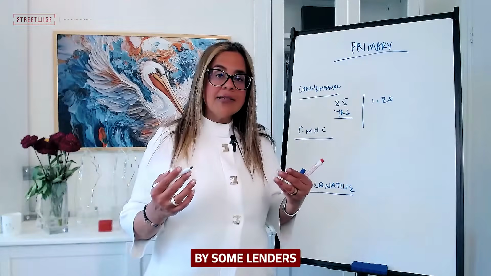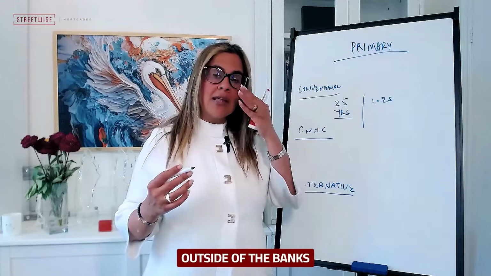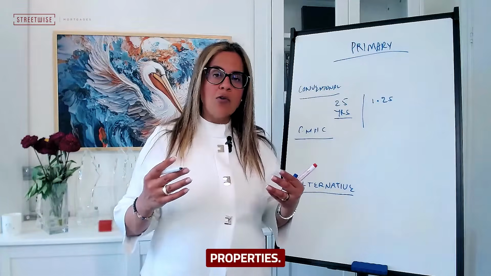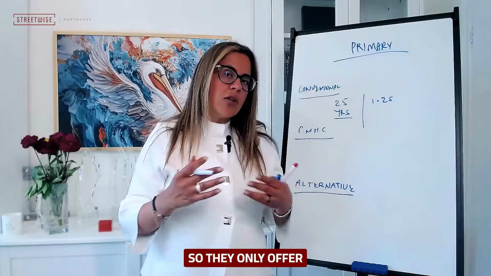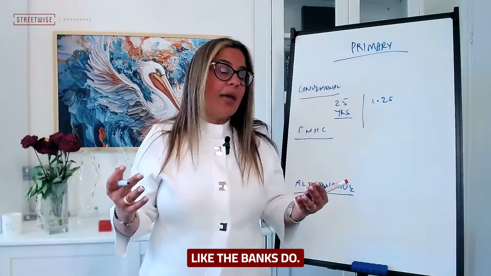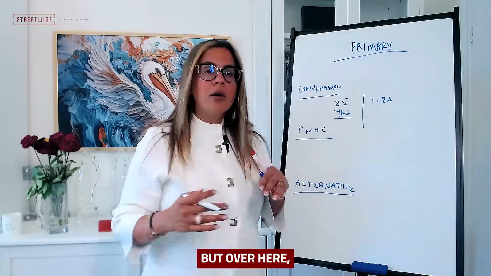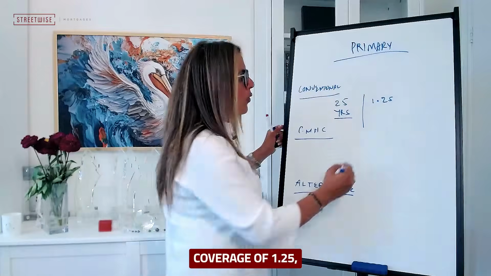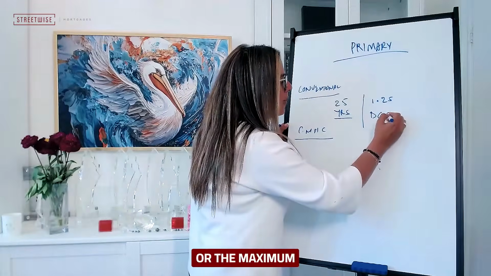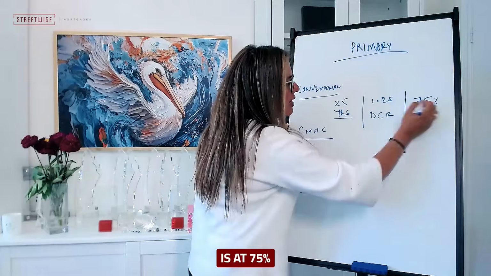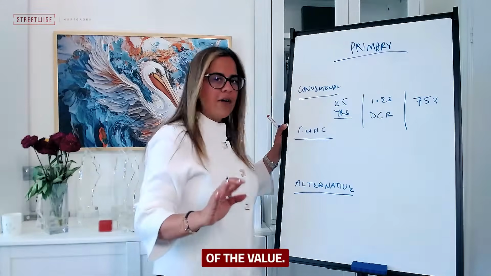They're also offered by some lenders outside of the banks that have financing for multifamily properties. They're called monoline lenders. So they only offer mortgages. They don't offer saving accounts and things like the banks do. But over here, we're talking about a 25-year and a debt coverage of 1.25. And the maximum loan amount you're going to get on the property is at 75% of the value.